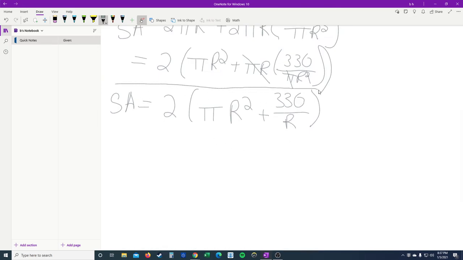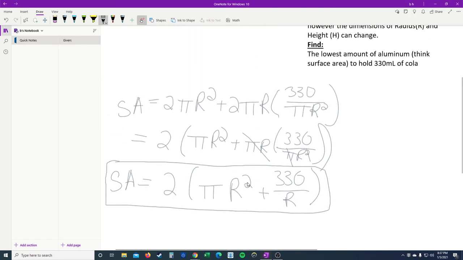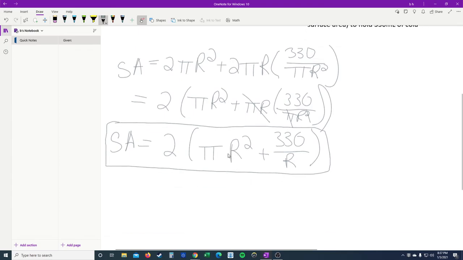This is the equation for the surface area given any value of r. So if you can see here, the only thing you're changing is r. This will give you the surface area. So basically, if you were to plug in a whole bunch of values of r, you would find which value of r would give you the lowest amount of surface area.